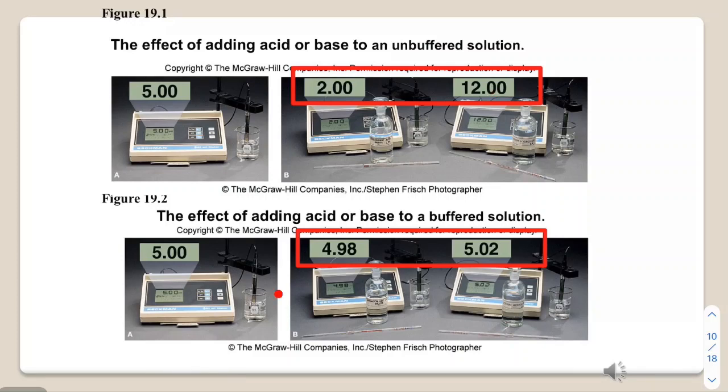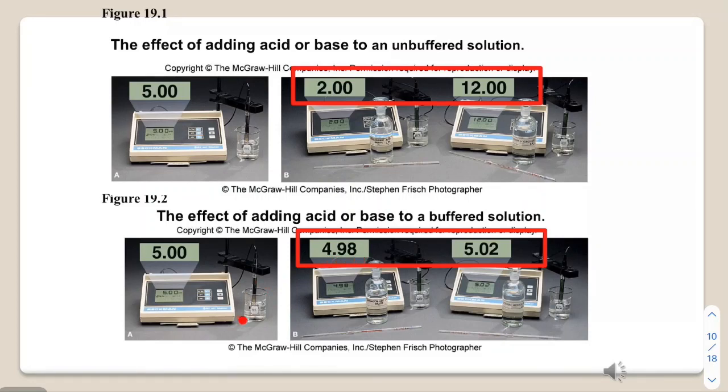However, if we have a buffer solution with the same pH as this one, which is 5, during an addition of a small amount of acid, the pH dropped only by 0.02, from 5 to 4.98.